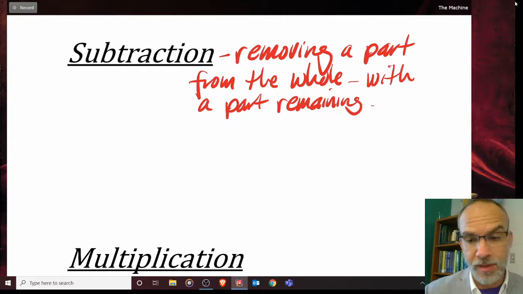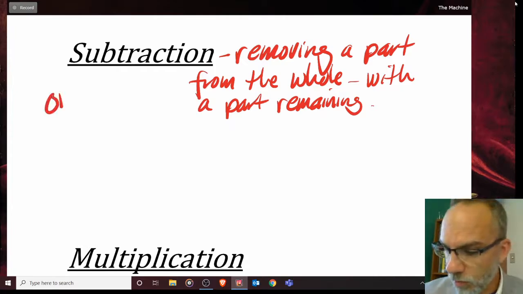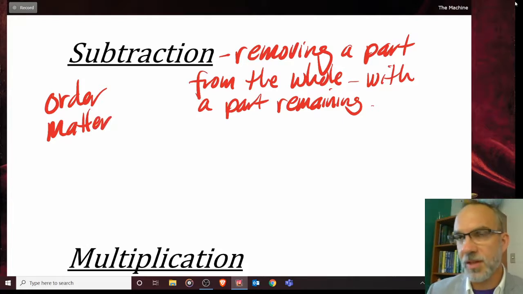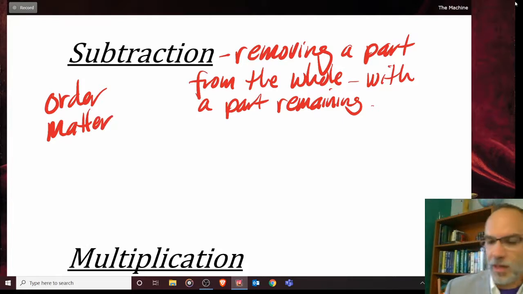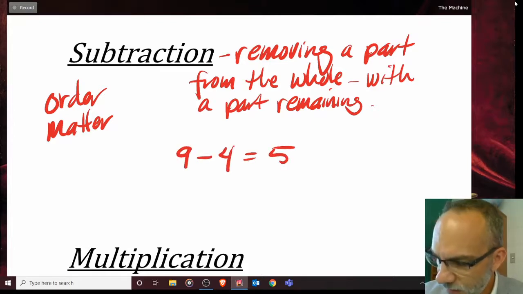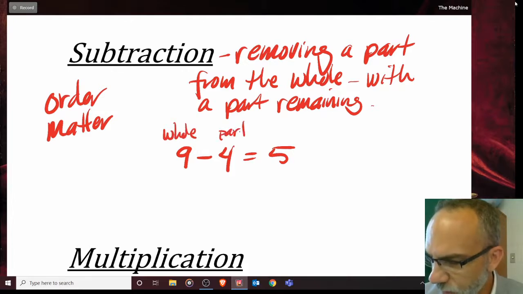Because 0 is also a value. Now, order matters. Be careful which thing you're subtracting from the other thing. If I said 9 minus 4 is equal to 5, the 9 is the whole, the 4 is the part that I'm removing from it, and 5 is the remaining part.